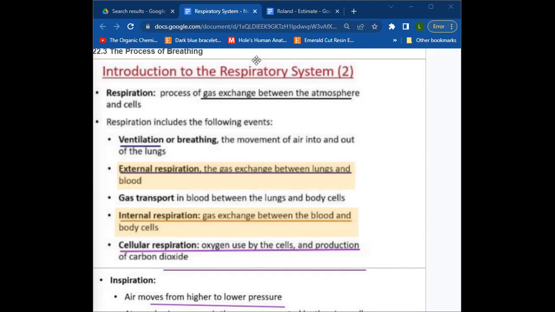So let me write this out. We have the alveoli and then the blood. So oxygen from the alveoli needs to be given to the blood. And then carbon dioxide from the blood needs to be given to the alveoli.